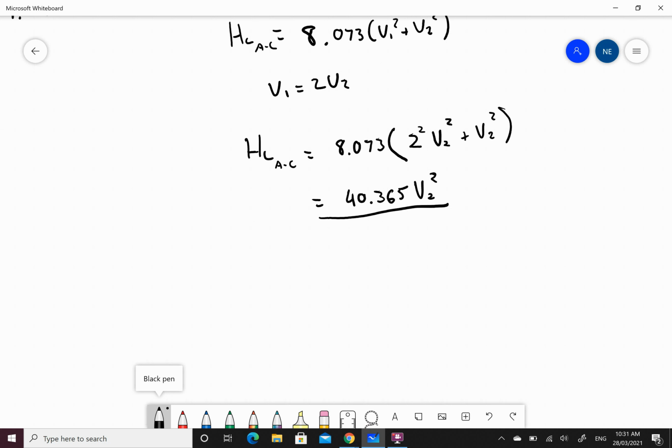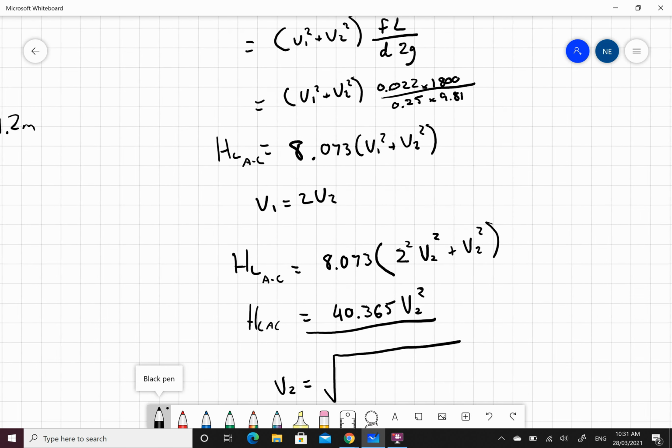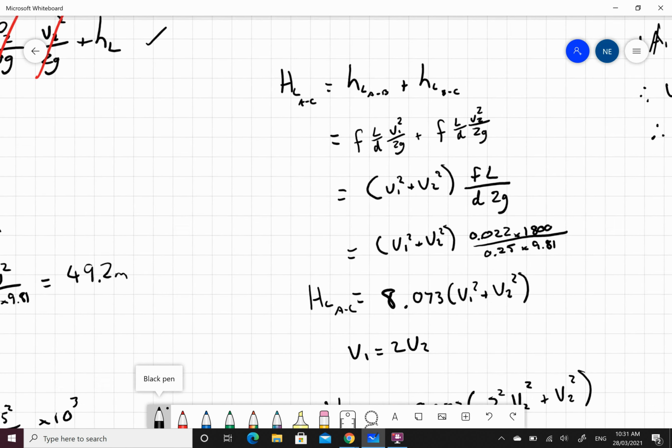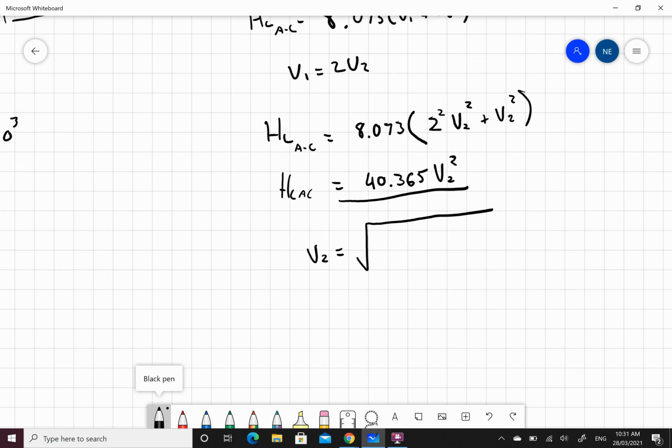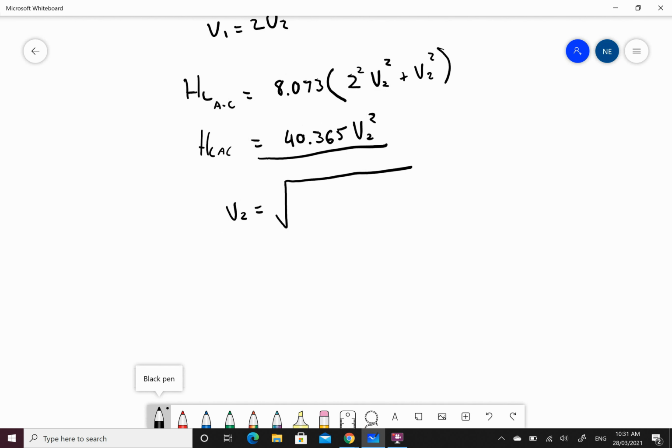So, what do we do from here? Well, that's my head loss from A to C. I need to work out my V2 squared, so I need to work out V2. V2 is equal to the square root of my head loss from A to C that I calculated before. 49.2 is my allowable head loss, subbing it back into this formula.